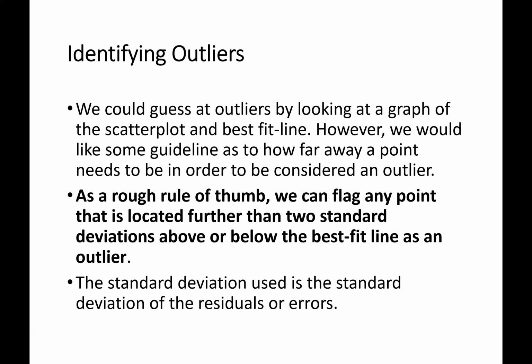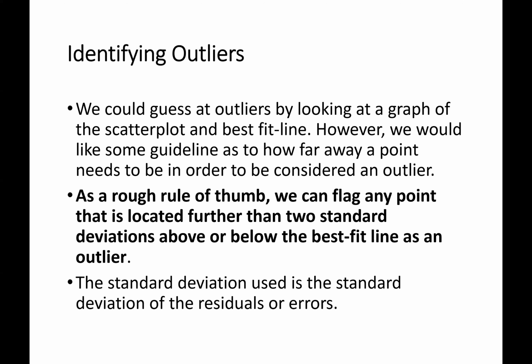How can you identify one? You could just look at the scatter plot and guess. However, we would like some guideline as to how far away a point needs to be in order to be considered an outlier. A rough rule of thumb is if it's located more than 2 standard deviations from the best fit line, it's probably an outlier.